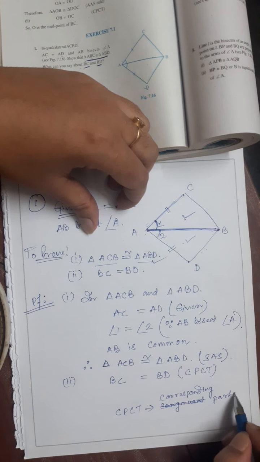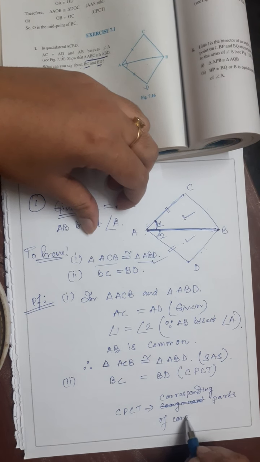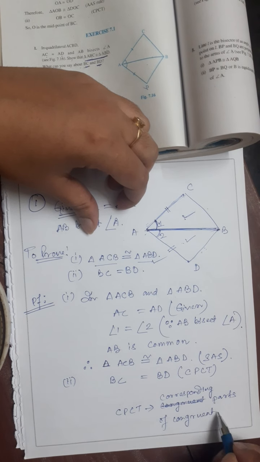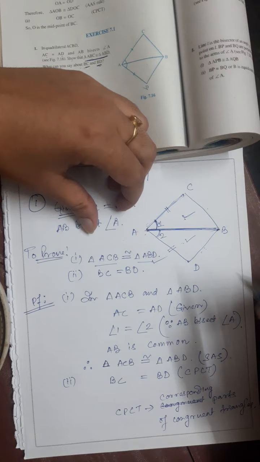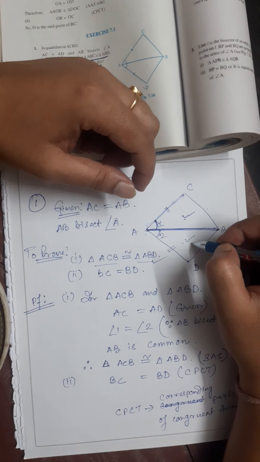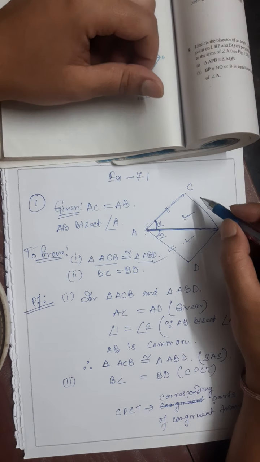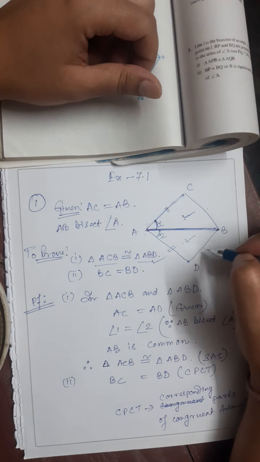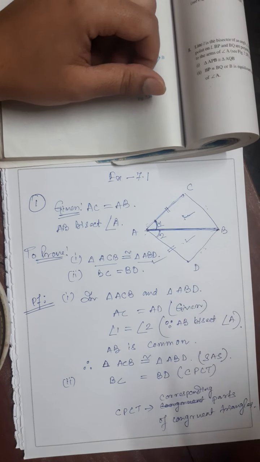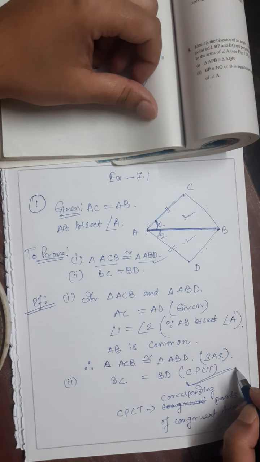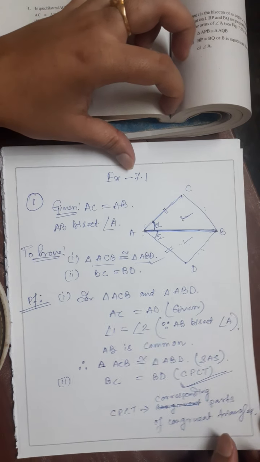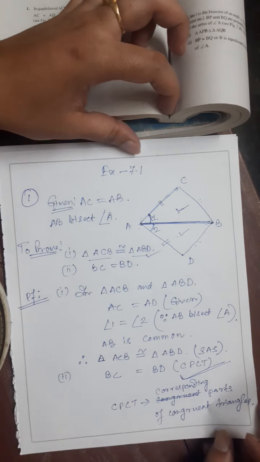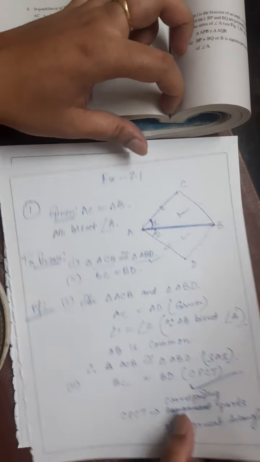Corresponding parts of congruent triangles. So after proving two triangles congruent, we can take the remaining sides equal to each other. So the first proof is completed here. You write down in your copy. I will also give the screenshots of this in the group.